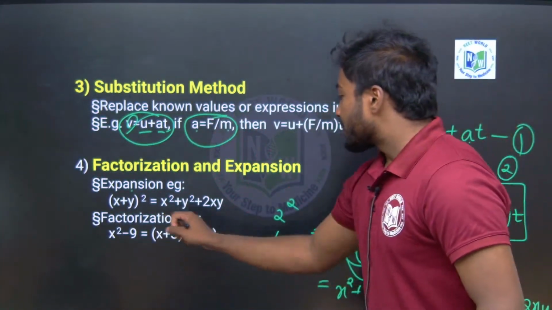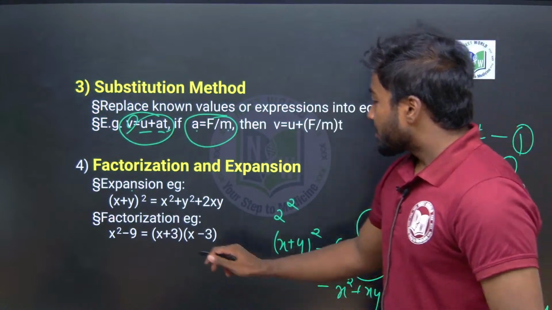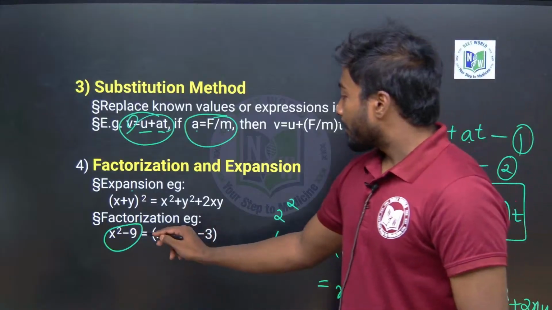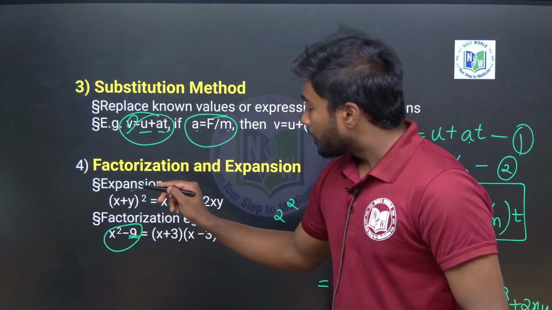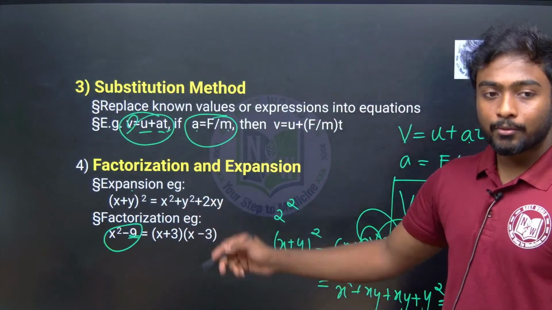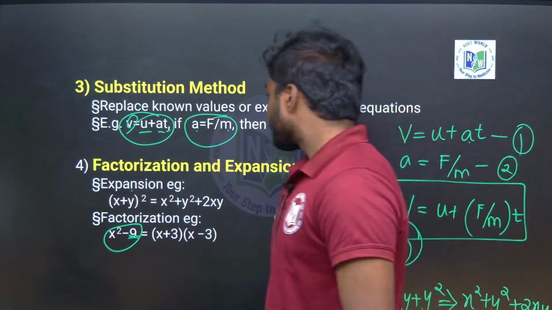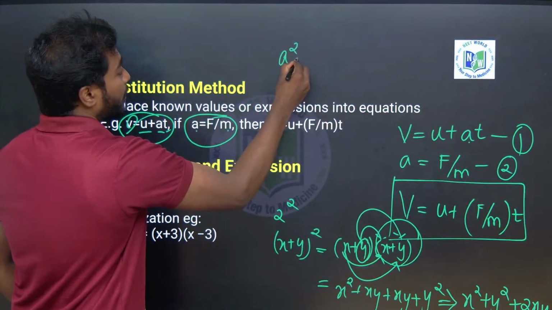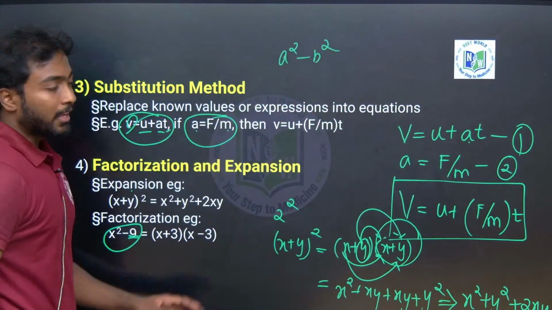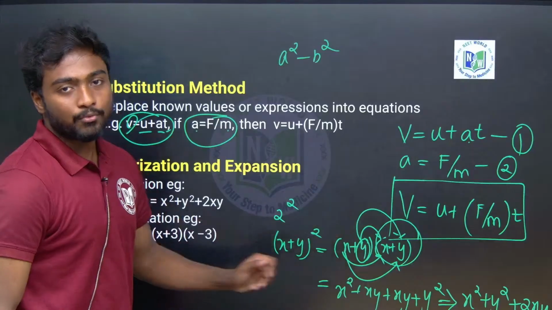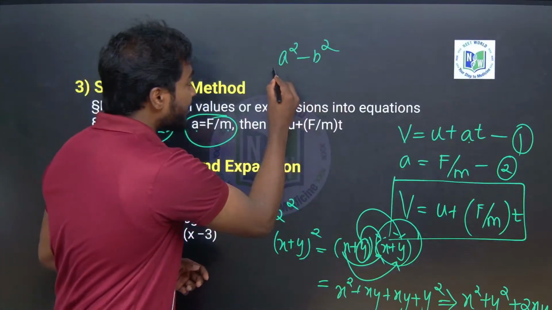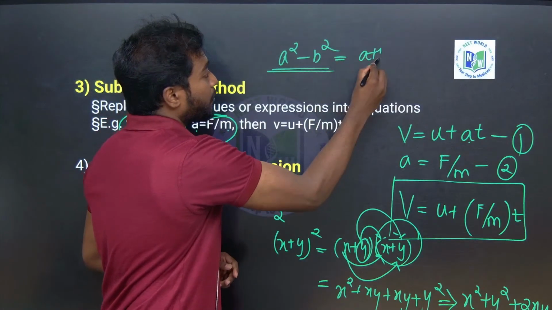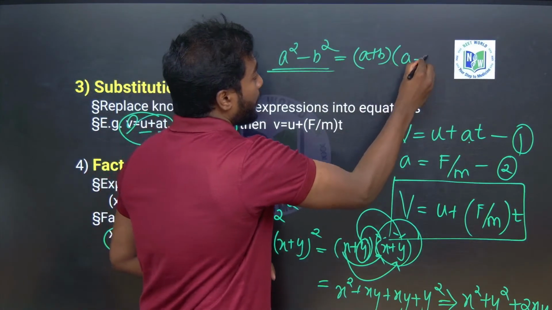Now factorization. In factorization, I have taken x square minus 9. This 9 is looking like 3 square. We know the formula a square minus b square. In upcoming slides I will say what formulas are available, but in the basic classes we have seen a square minus b square, which I can write as a plus b into a minus b.